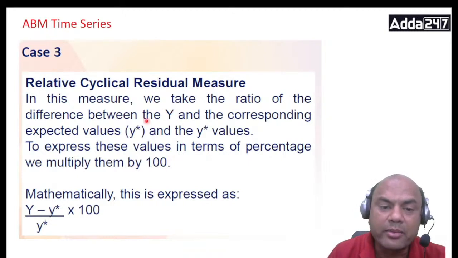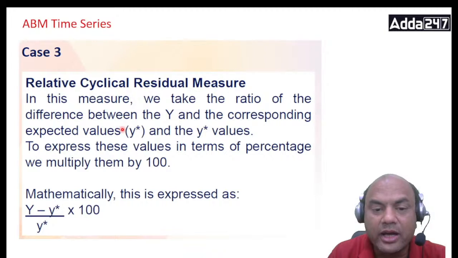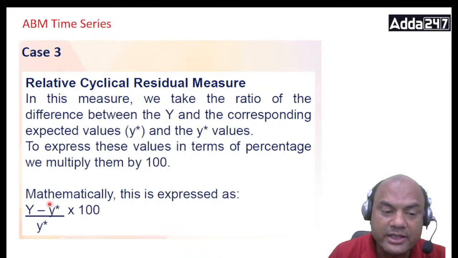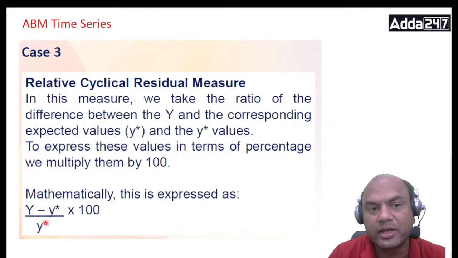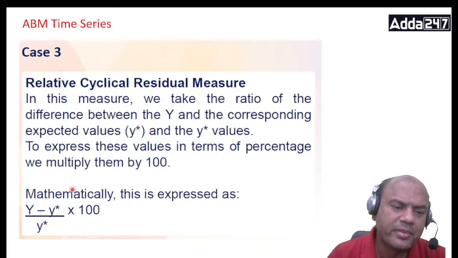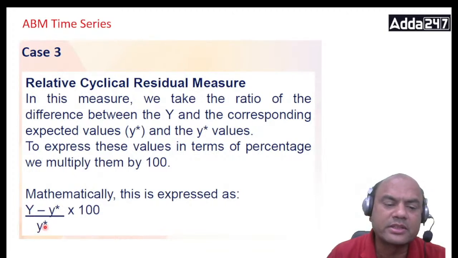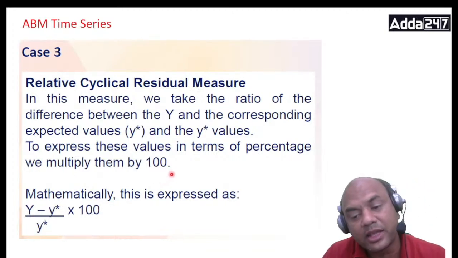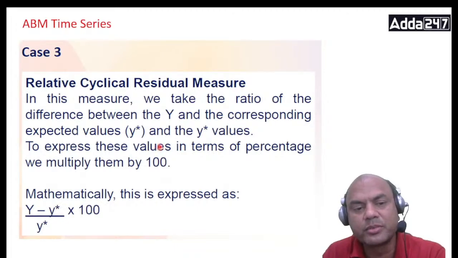Means y minus y star, actual y minus estimated y, upon estimated y. Both these methods are used. This method also, earlier method also, they will give you the similar answer. You'll see that now. So y minus y star upon y star into 100. Done. Now let's solve this numerical which was given.